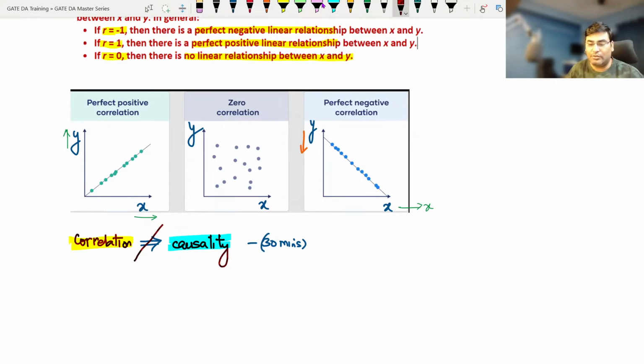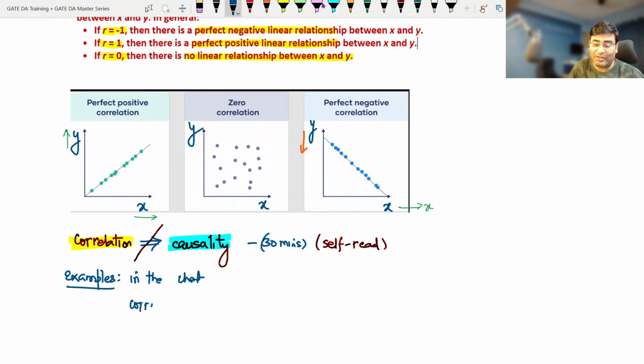This is something you can do. I'll give it as a self-read for you. You can do a little bit of research around it, and please share some examples in the chat where you find a higher correlation between x and y, but x and y are not even related.